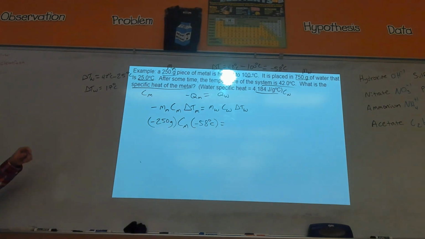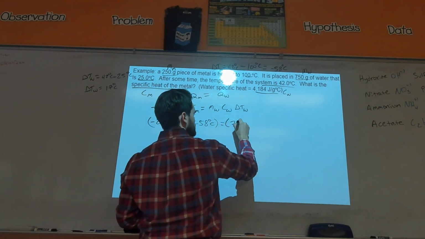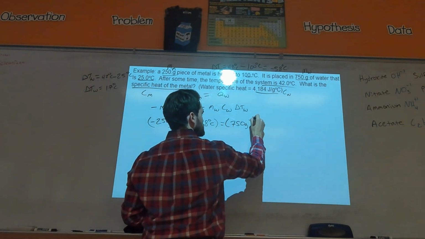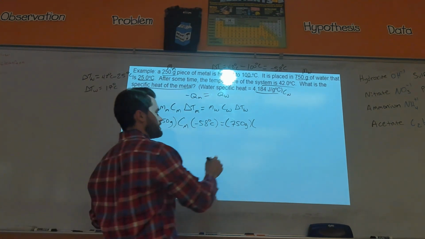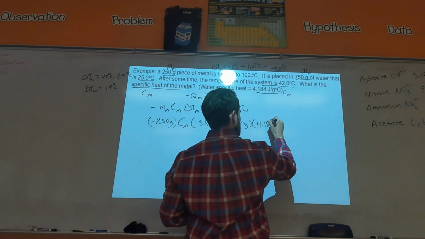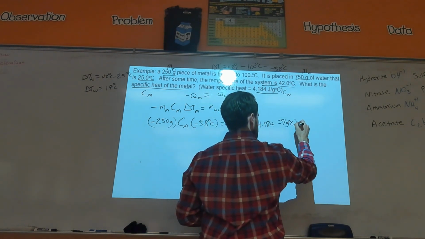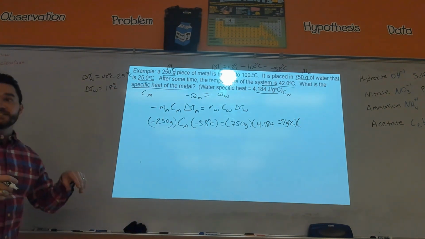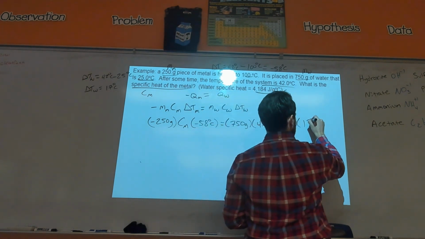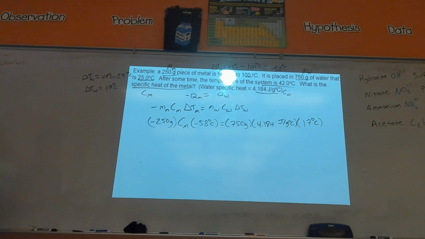That then equals the mass of the water, which is 750 grams, times the specific heat of the water, 4.184 joules over grams degrees Celsius, times delta T of the water, which is 17 degrees Celsius. Okay, so then simplify and solve for the unknown.